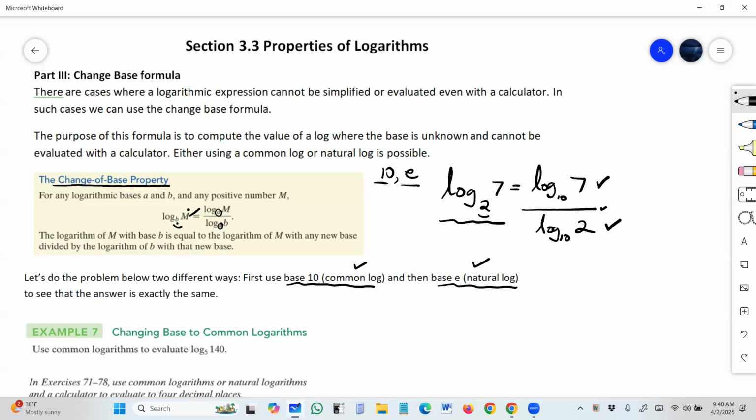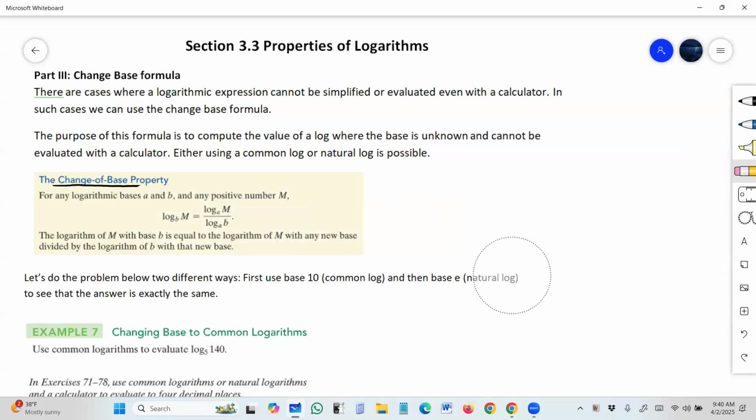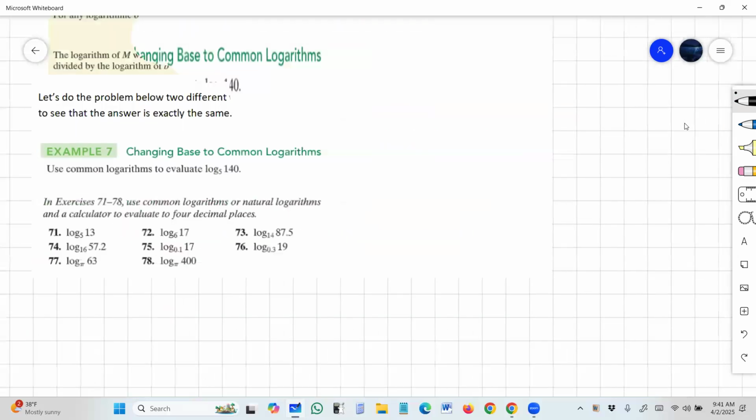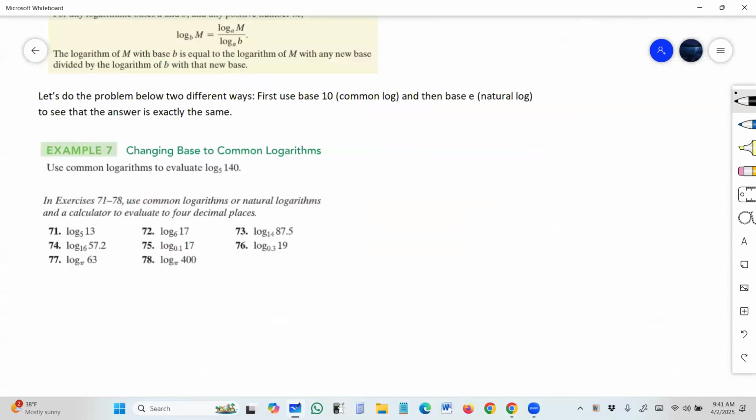All right? So let's take a look at the examples I have here, and I'm going to show you that it doesn't matter if you use the common log base 10 or the natural log base e. So I have a few examples. Let's do example 7 first. This is something I cannot do just by visual inspection.